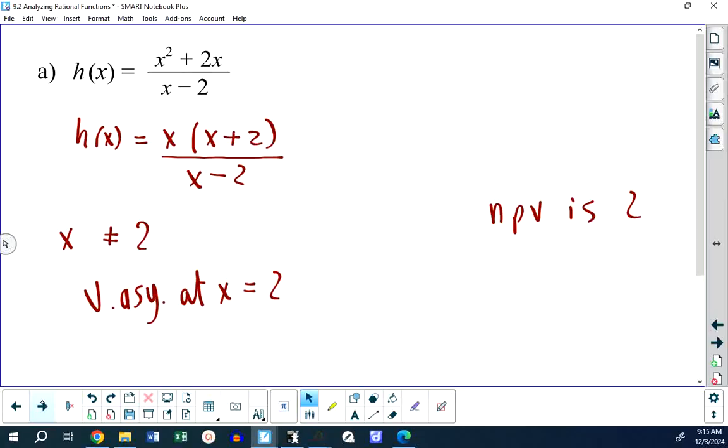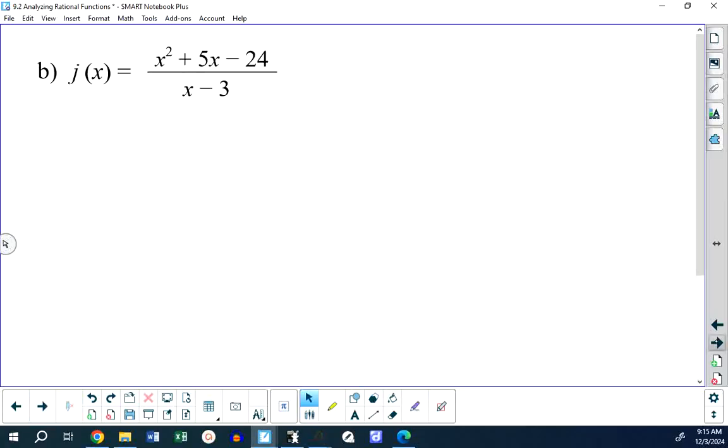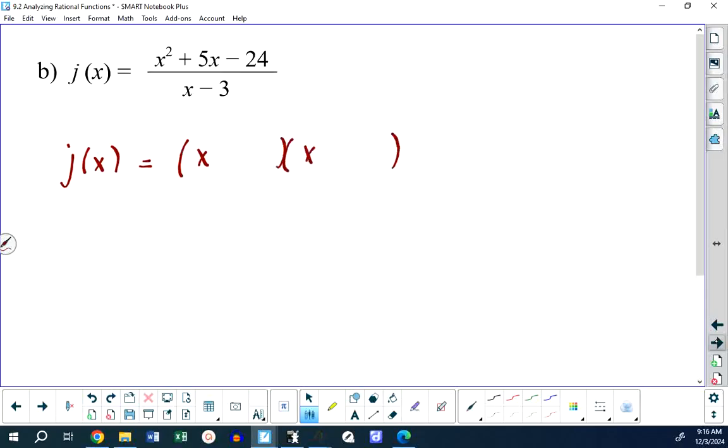All right. J of x. Or is yours lettered the same way? J of x is the next one? We don't usually use I for some reason. J of x, let's see. I guess the two numbers that multiply to give negative 24 and add to give 5 are those.